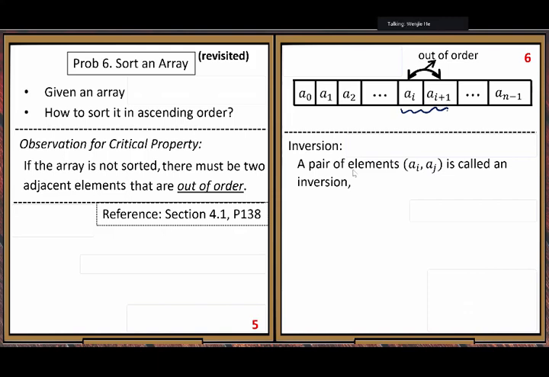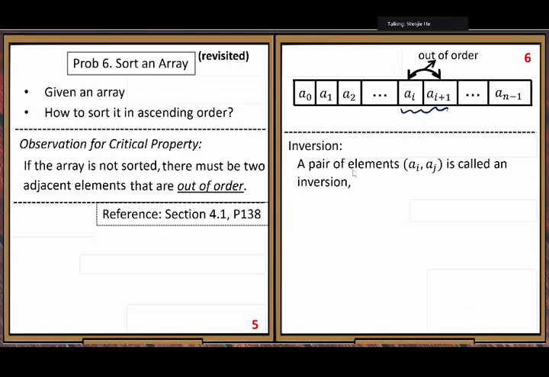Here, when we study a pair of elements, we want to look at whether in this pair of elements they are in order or not in order. That's the question.